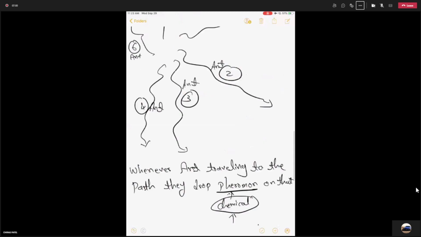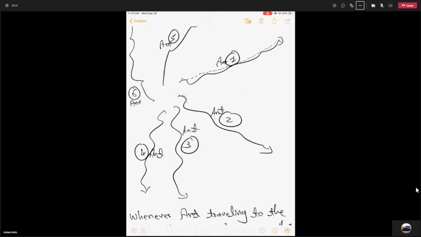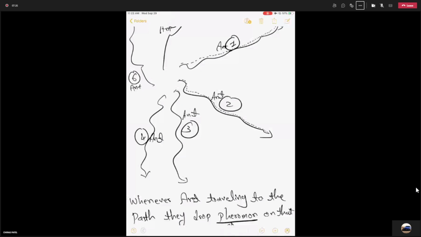So obviously when the ant's travel started, it might be dropping pheromones. Similarly for the second, how much quantity is dropping does not matter. It is putting down the trail of which path I traveled. So if it wants to come back, it can follow its own trail of pheromones and come back to its place.